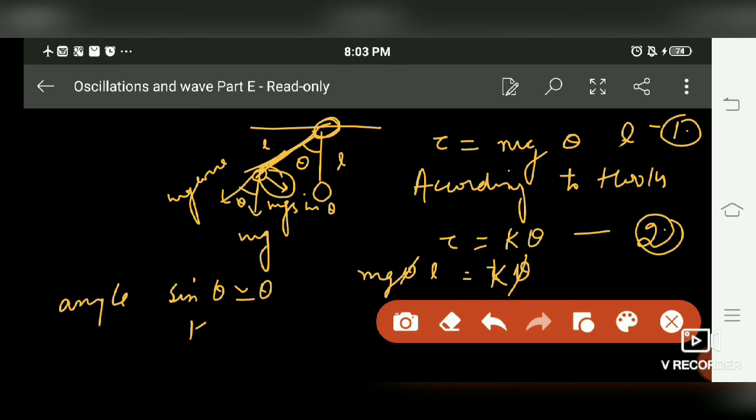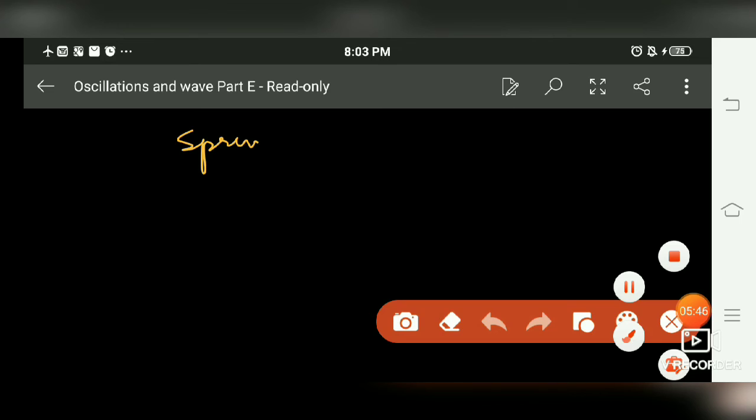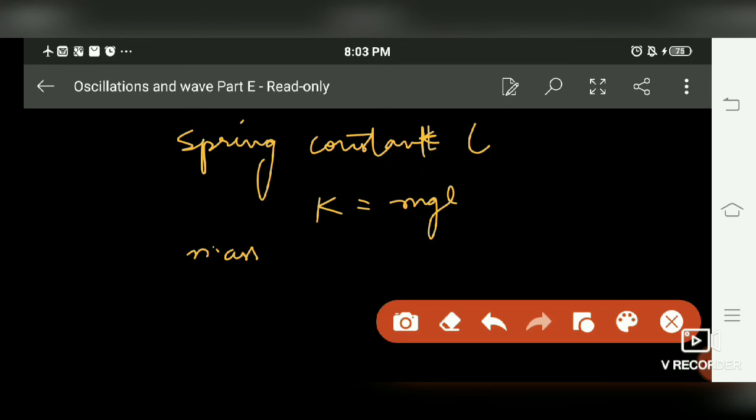From here we get the value of k, that is mgl, where this k is the spring constant, or we can say spring factor.